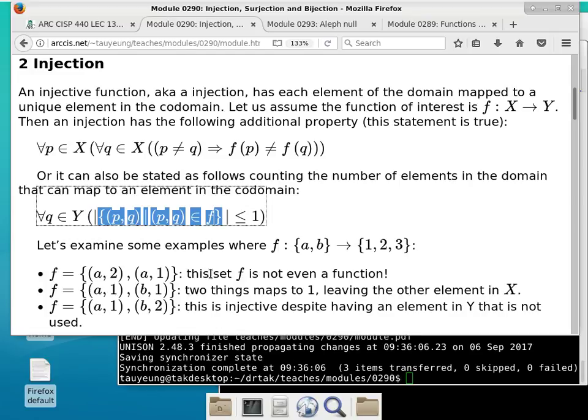The cardinality of an empty set is 0. 0 is less than or equal to 1 is true. So this is another kind similar to the implication, because you have a condition that doesn't match. Well, this one has nothing to do with implication per se. This one is just because I'm looking for less than or equal to.